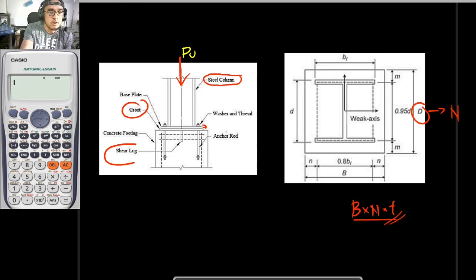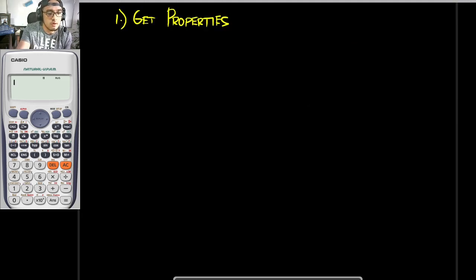Of course, we must need the grade of the base plate. And if this is to be your figure, kailangan nyo ding malaman yung area na kinukuha ng ating compression member. So in that case, if this is the base of the flange, and this is the depth of the flange, kailangan natin yung B and yung D niya. Okay, so with those being said, ang kailangan natin dito would be the FY, then the B.